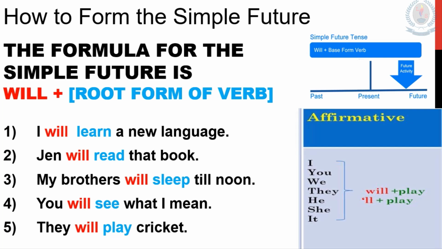Affirmative, that means positive. So it's possible to happen anything. So I will play. You will play. With those pronouns or any subject you can use will, and after that you can add a verb.